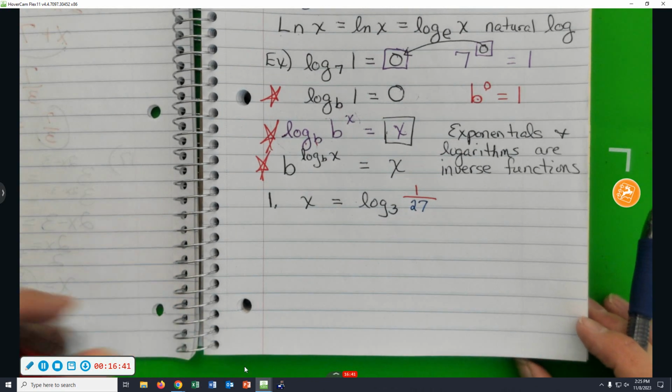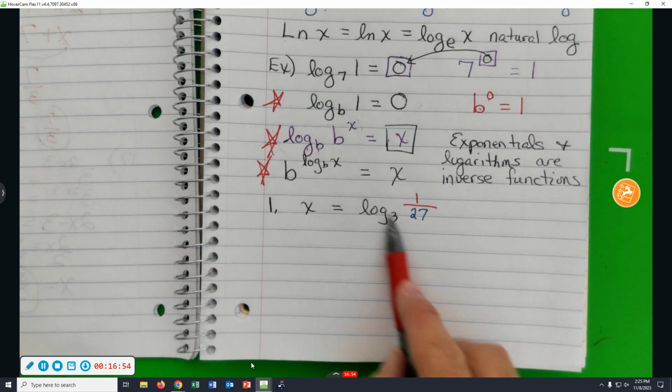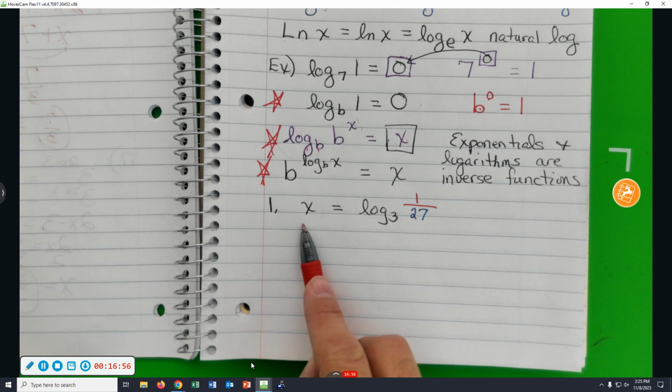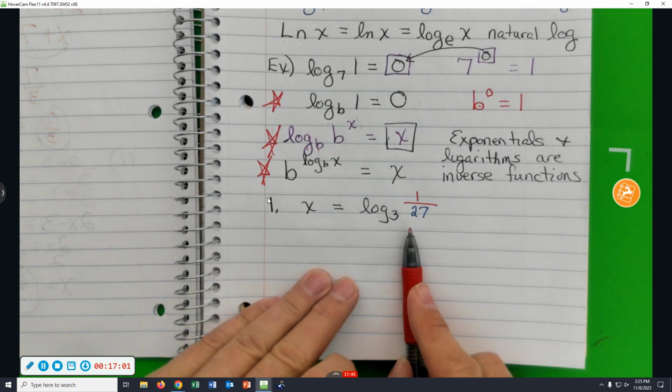If it says solve an equation, then that means get x equals some number. We want x equals some number. Well, we don't want this log base 3 here. We just want the x by itself, and just a number over here.